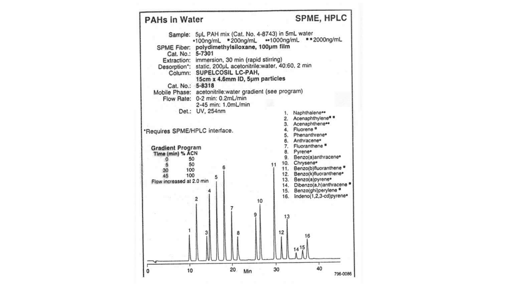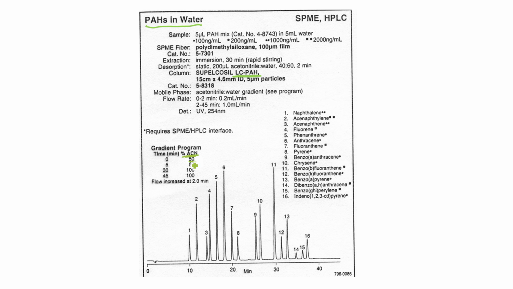pretty simple. The polyaromatic hydrocarbons, we can separate those. Here we're using a proprietary column, a mixture of C8 that has some benzene groups in it as well. So it attracts these aromatics through pi-pi interactions, and you're using a high organic content, higher than normal for reverse phase.